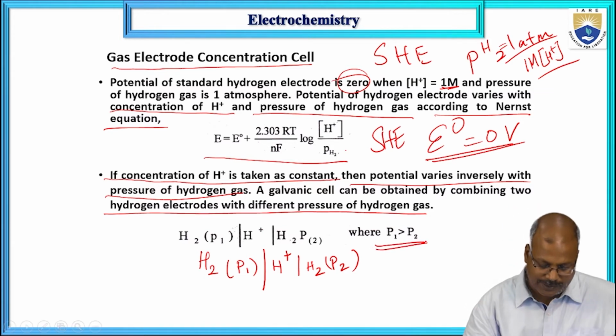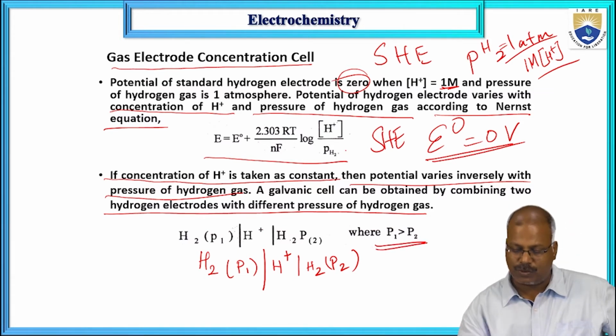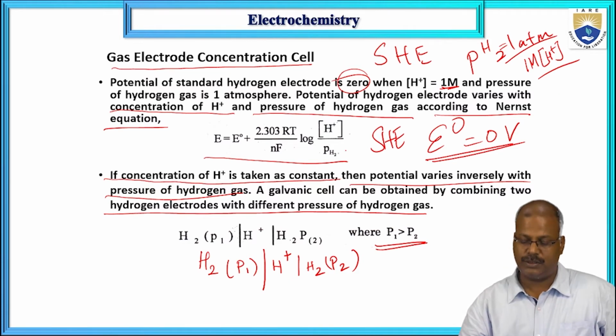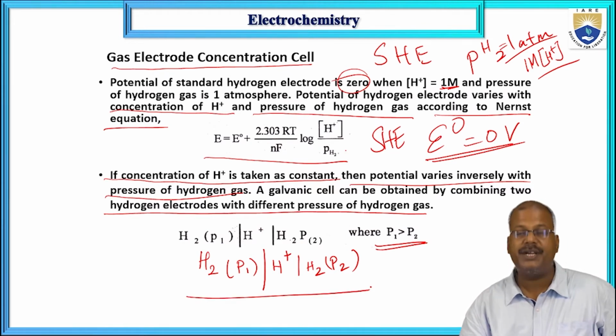So this is the way of writing a gas electrode concentration cell. For example, with the hydrogen gas electrode, we can write a cell like this, where the hydrogen pressure on the two sides varies.